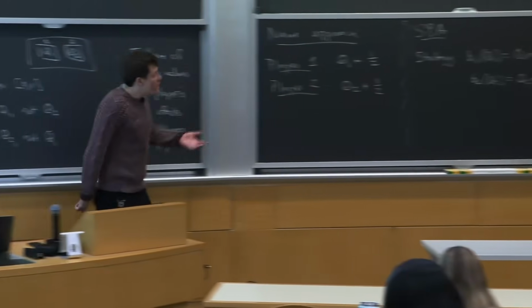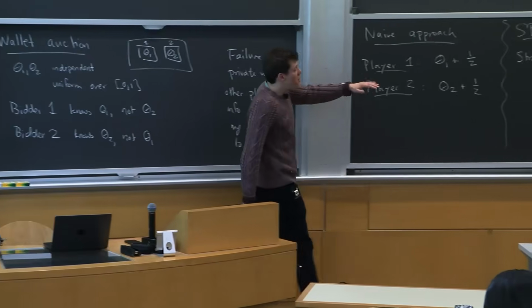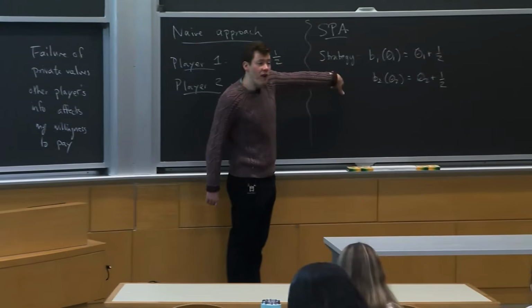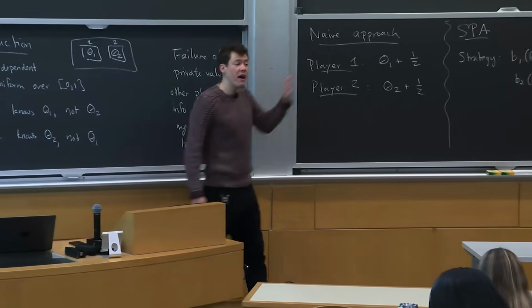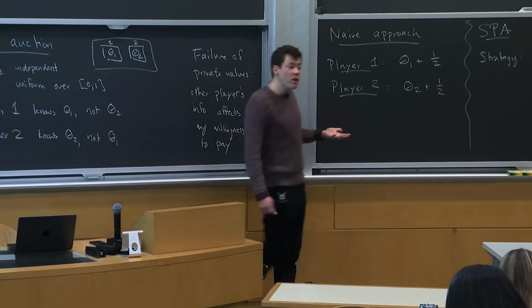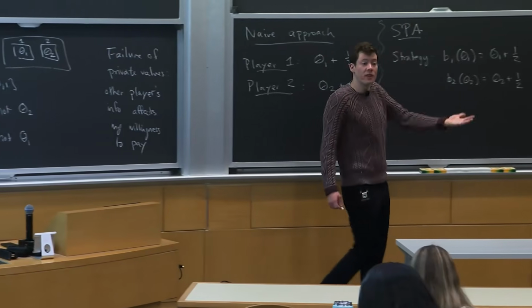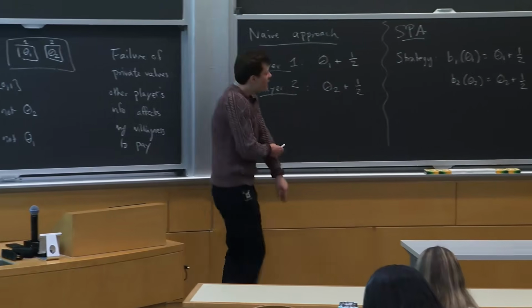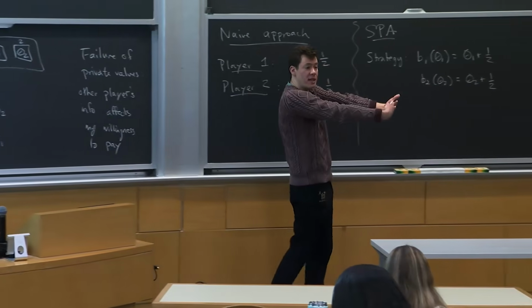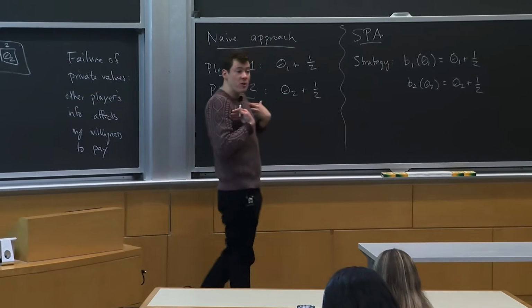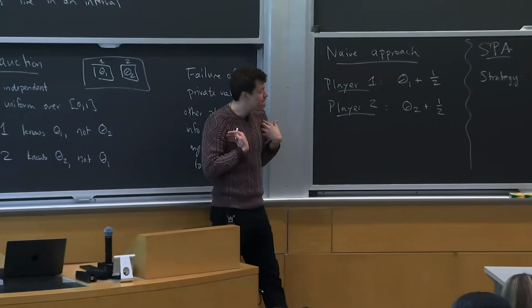Now, if this were a private values auction, then this strategy profile would be an equilibrium. We already argued that in a classical private values single item auction, it was an equilibrium for each player to bid truthfully, to bid their valuation for the item. And in fact, we argued more. We said, however the other player bids, it's optimal for me to bid my valuation in a second price auction.